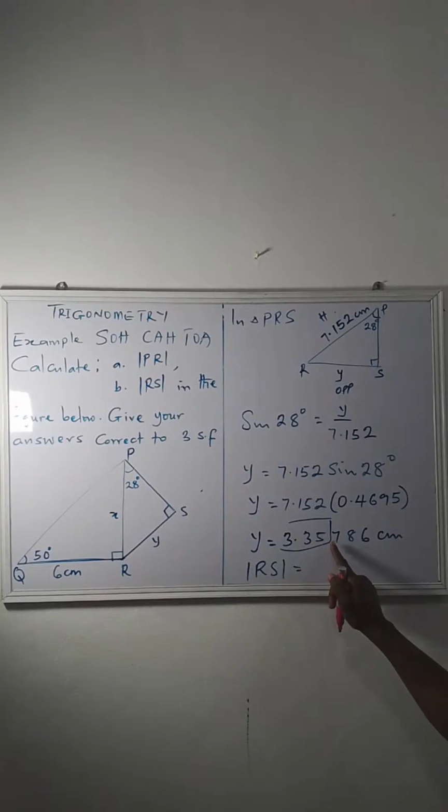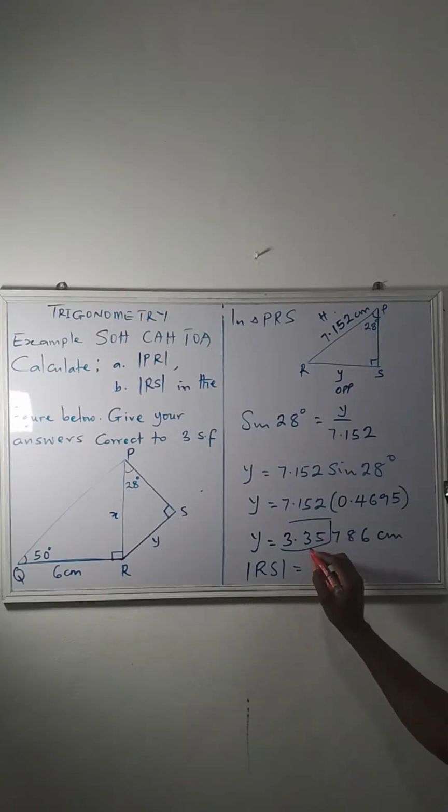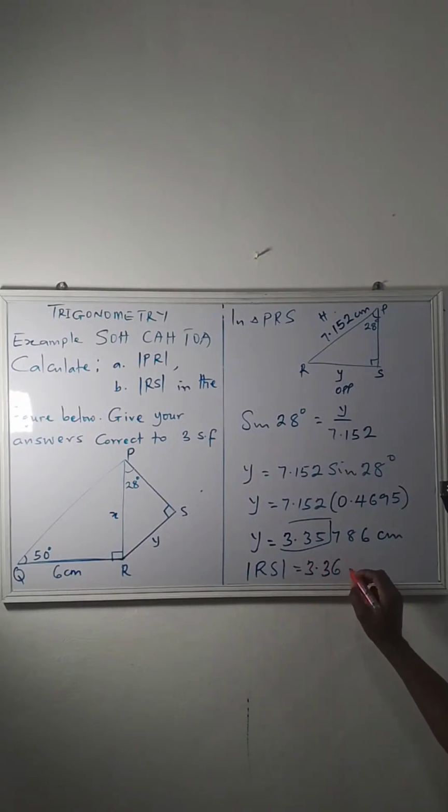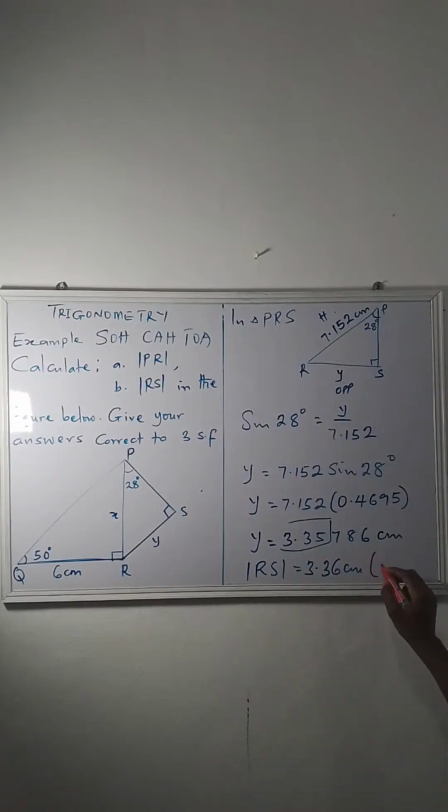But before you discard, you have to look at the next number, the last one. You check if it's up to 5. If it is up to 5, before you discard, you turn it into 1 and add it to the next digit. So the answer now is going to be 3.36 centimeter, in 3 significant figures.